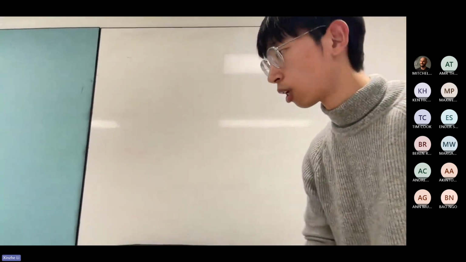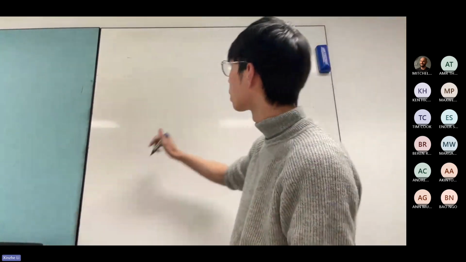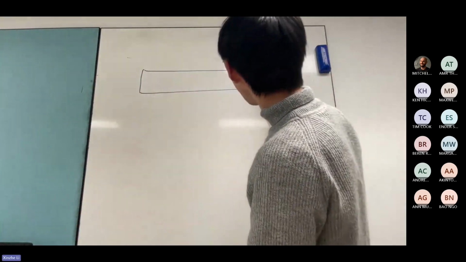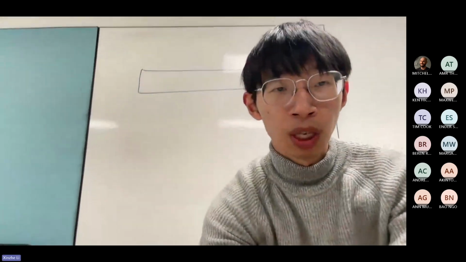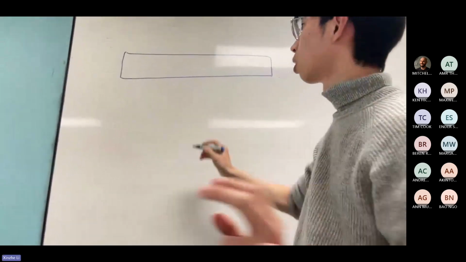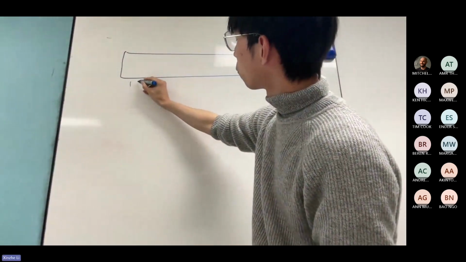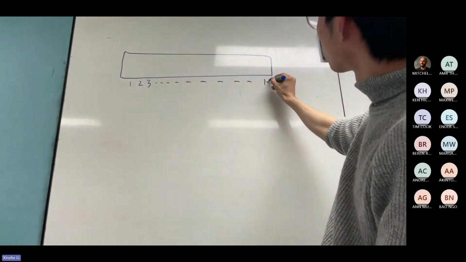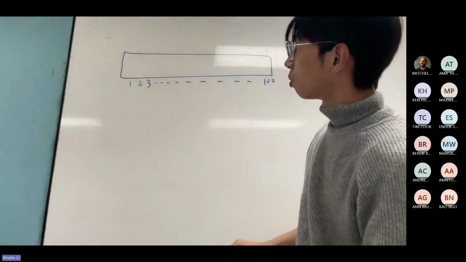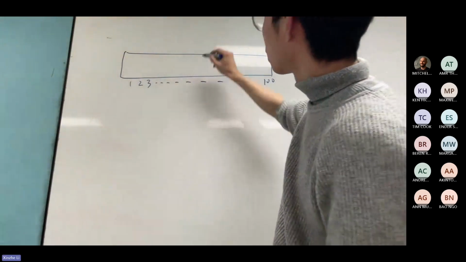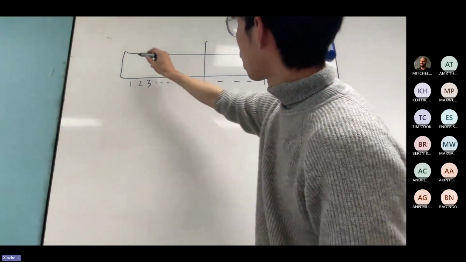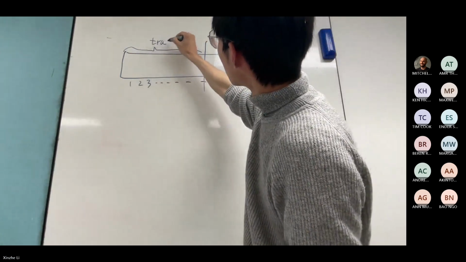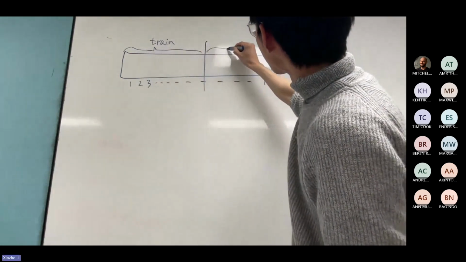I have a board here because today I have to write a lot of mathematics. We have a lot of data, right? Let me make it closer. We have a first data point, second data point, third data point, then we have a 100 data points here. So if I use random splitting, like this is for training, this is for testing.